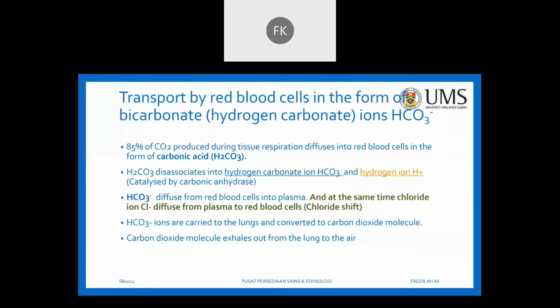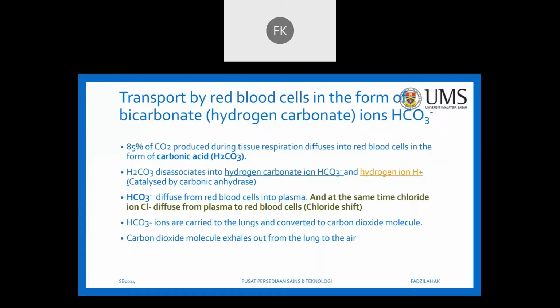85% of carbon dioxide produced during tissue respiration diffuses into the red blood cell and forms carbonic acid. Carbonic acid dissociates into a hydrogen carbonate ion and a hydrogen ion.